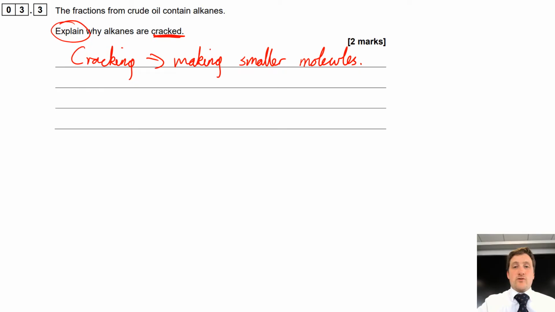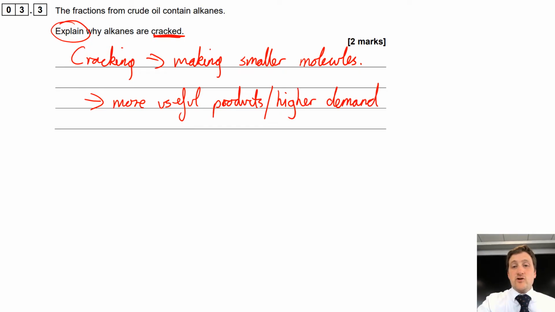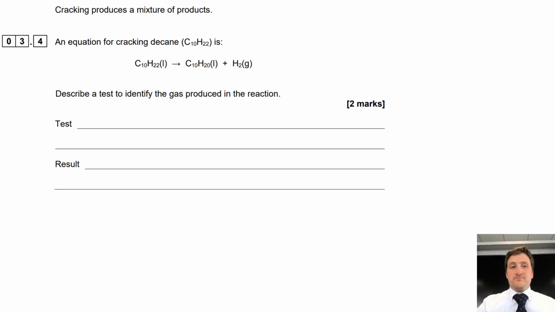Okay, that's what cracking is. Well, why do we need to do that in the first place? That's what they're asking. Well, there are more useful products. We've just made something new. It's going to be more useful, but also, because it's more useful, it has a higher demand as well. Either of those two. We need more of these smaller molecules.